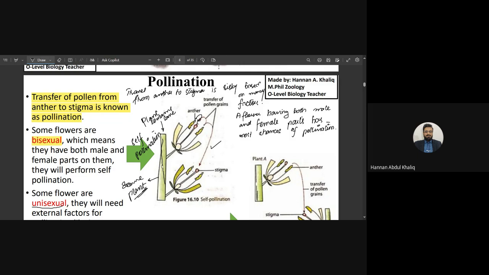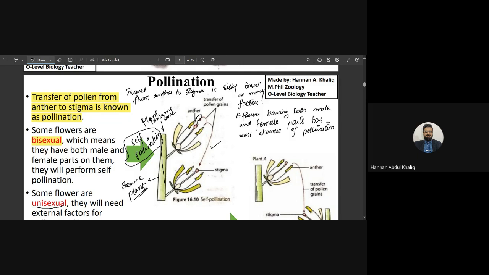So this kind of pollination is called self-pollination. The main plant is the same. It has two cases. One, when the pollen comes from the anther to the stigma of the same flower, that is self. If it is released from the anther to the stigma of another flower, but the plant is the same, still it is self-pollination.